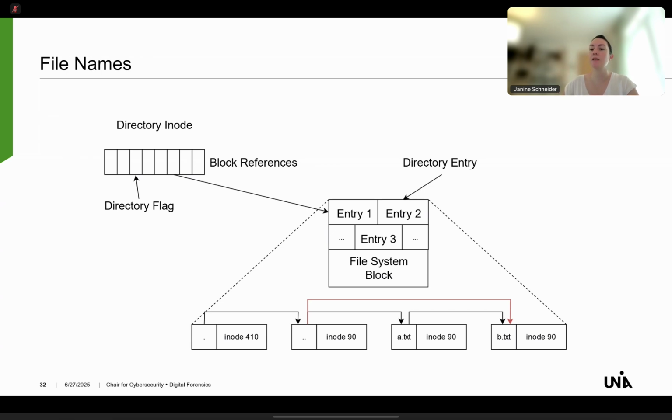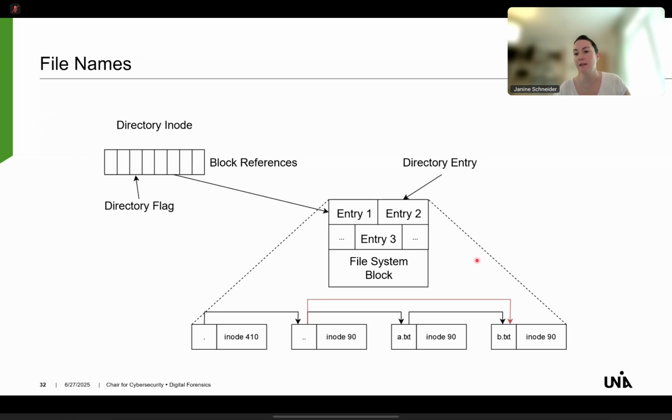Yeah, and because the next pointer is simply moved to another entry in the list, there is a chance that an old entry can still be found in the directory entry list or the block that belongs to a directory.